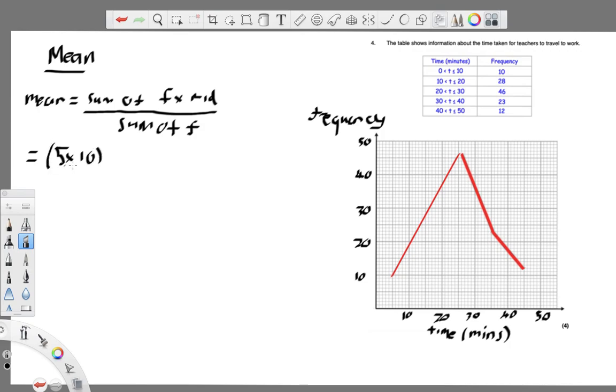Then we're adding to that the next data point, which is a frequency of 28, and the midpoint for that is 15, so it's this data point here, so it's 15 times 28. Continue with the third data point. So the midpoint of that is 25, and it goes up to 46, so it's 25 times 46.